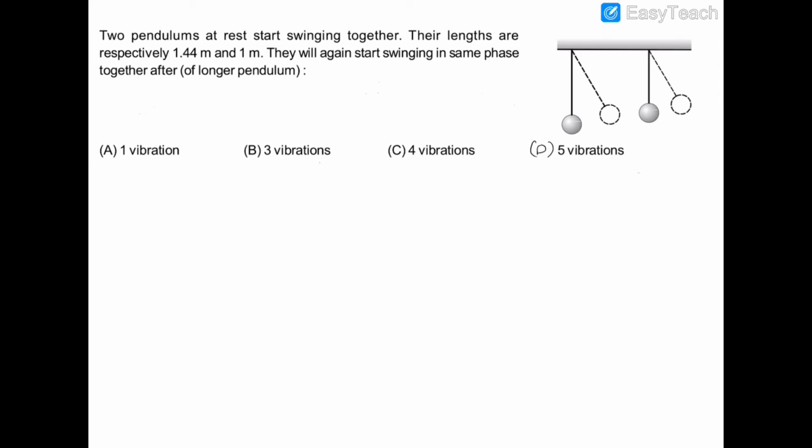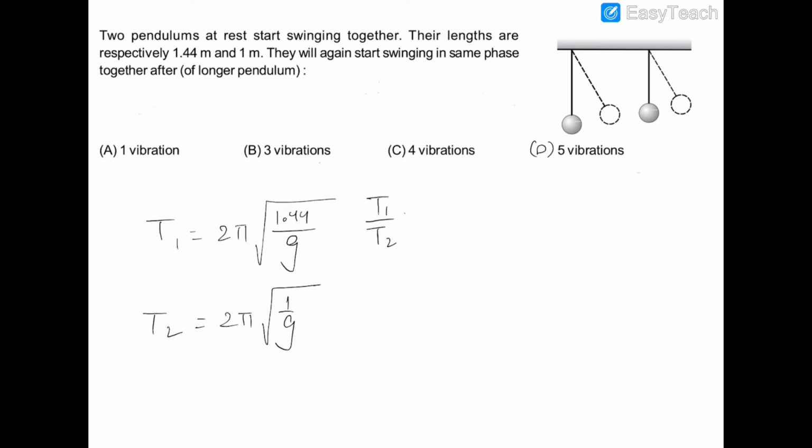So first of all, let us find out the time period ratio of those pendulums. If the first pendulum T1 has a time period of 2 pi under root 1.44 upon g, then the second pendulum has a time period of 2 pi under root 1 by g. So you can say that T1 by T2 is equal to 1.2, in fact 6 by 5, so T1 is 6 by 5 of T2.